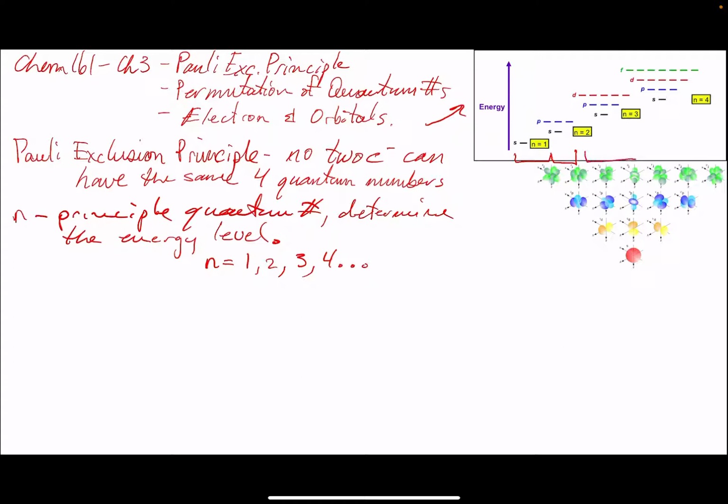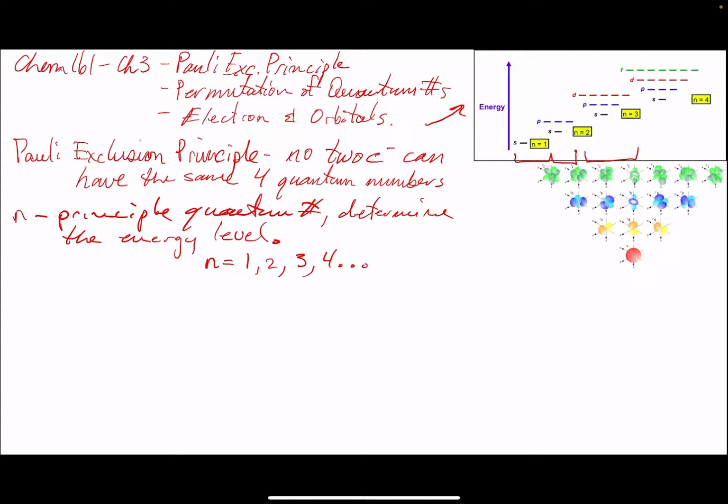And when we look at n equals 3, we'll see 3 sets of orbitals, a single s orbital, 3 p orbitals, and 5 d orbitals. So to help us distinguish s from p from d orbitals, we're going to need other quantum numbers. And to help us distinguish between one p option versus another, we'll use another quantum number to help us there.